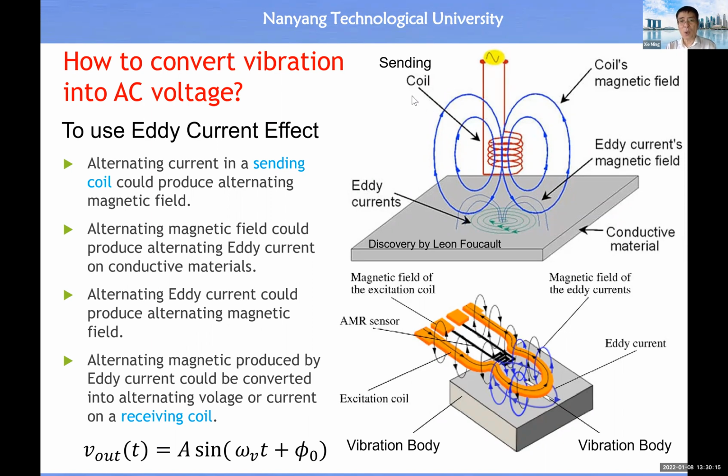So we have a sending coil, which basically produces an alternating magnetic field. When this alternating magnetic field is in the proximity of a conductive material, we have eddy current or loop current appearing inside the surface of the metallic body.